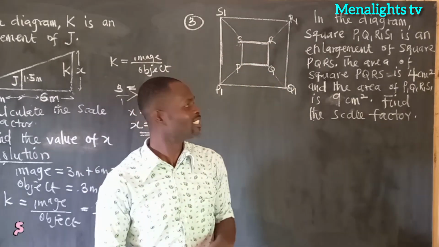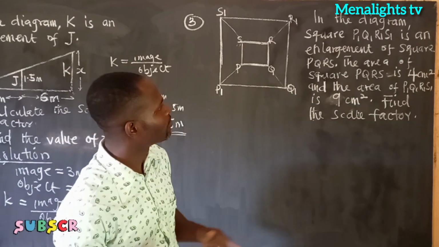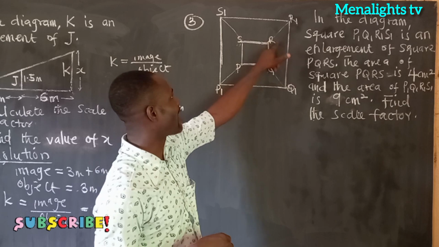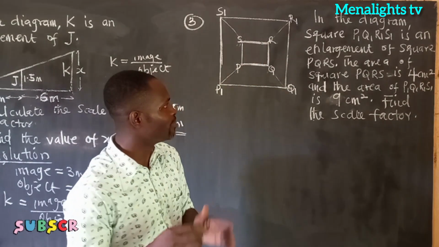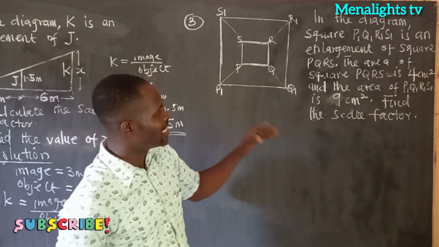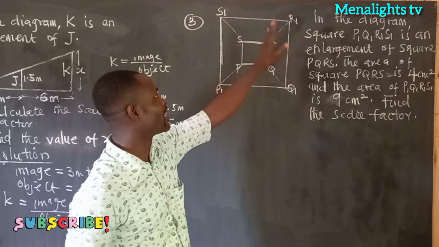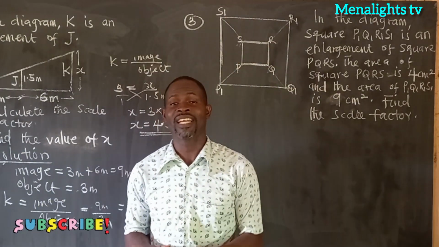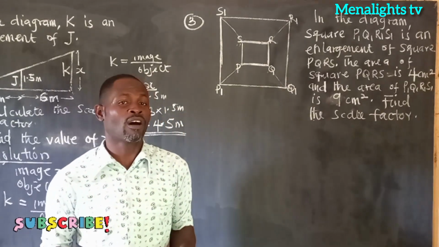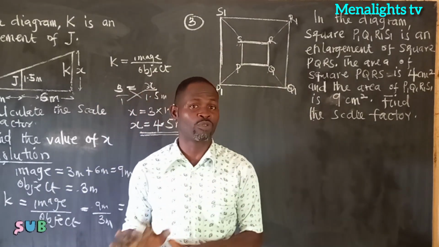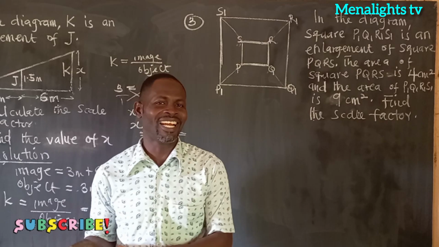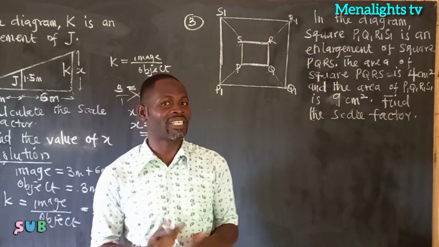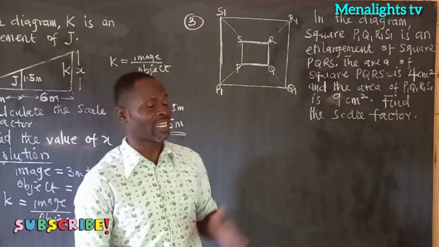So from the question, if the area of PQRX is 4 centimeters squared, and the area of P1, Q1, R1, S1 is 9 centimeters squared, find the scale factor. Before we can find the scale factor, we need to know the image distance and the object distance of the diagram that we have here.